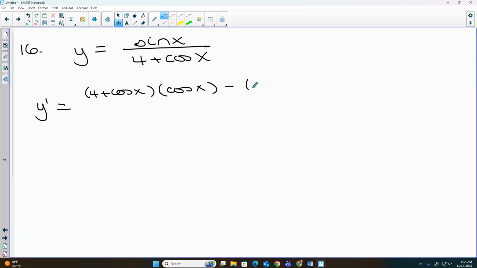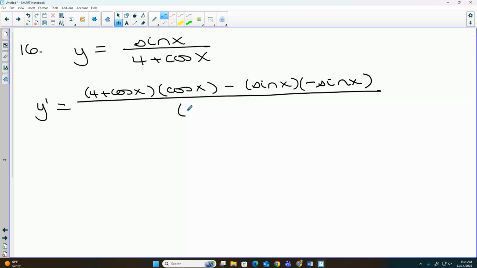Cosine. Minus high d low. So the derivative of 4 is 0, plus what's the derivative of cosine? Negative sine. So on the top, that's 4 cosine x, plus cosine times cosine is cosine squared x, minus sine times negative sine would be negative sine squared, so minus negative is plus sine squared x.